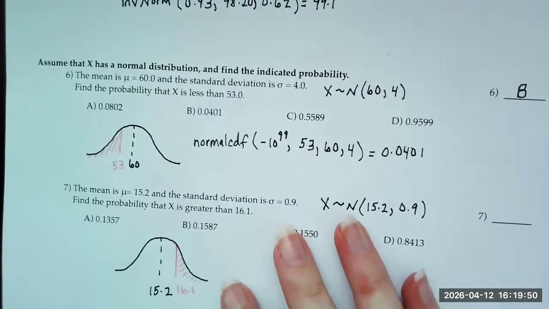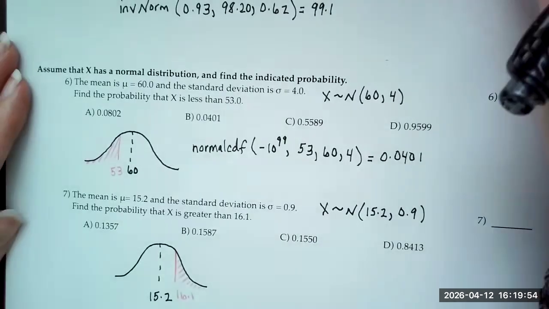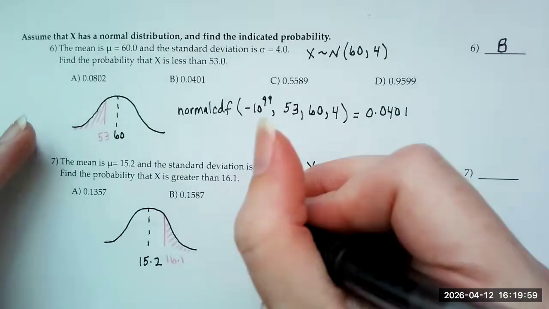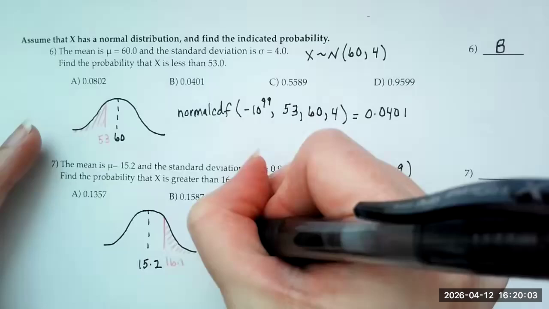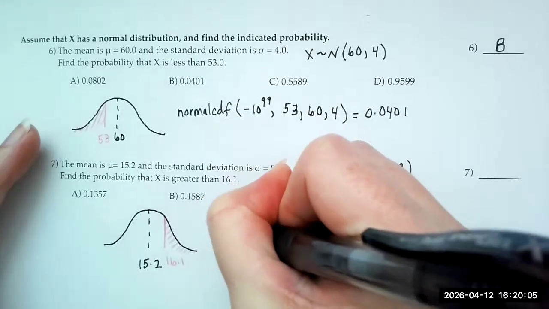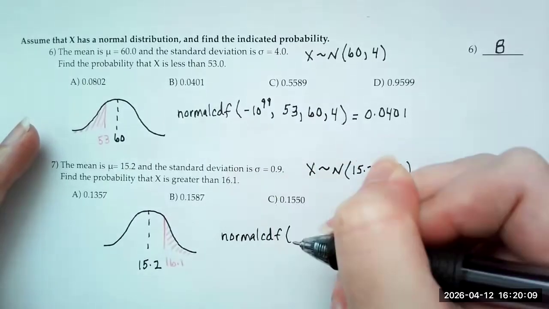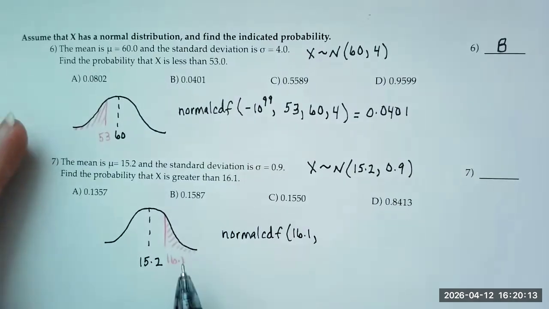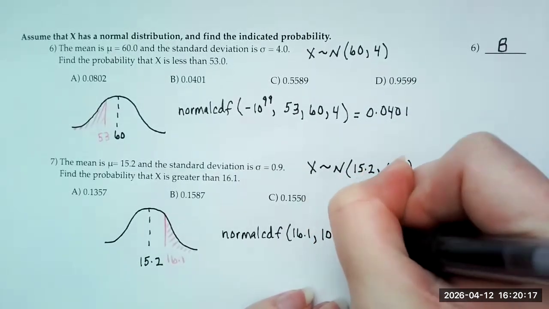And if we shade the right tail, then when we go to put this into the normal CDF, then what we're going to start with is the very first number of the shaded region is the 16.1. And then the end of the shaded region would be positive infinity, and we'll use positive 10 to the 99th power for that.